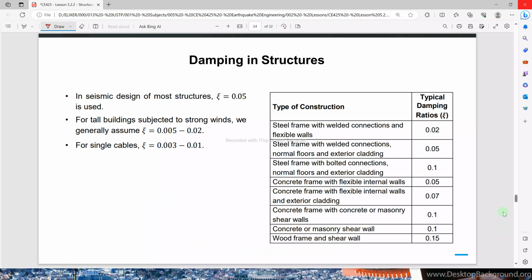So here we have the damping in structures. These are common or general values. In seismic design of most structures, a damping ratio equal to 0.05 is used.